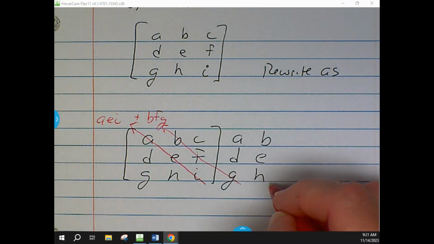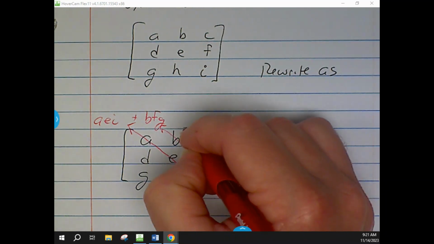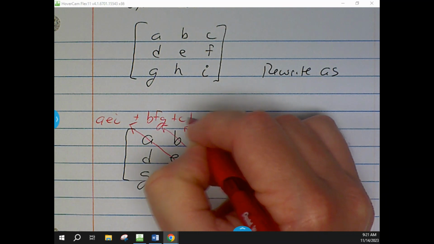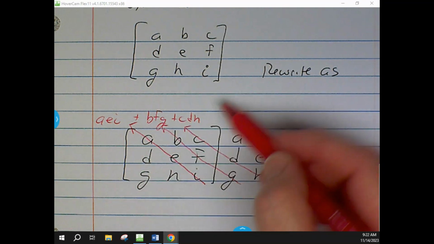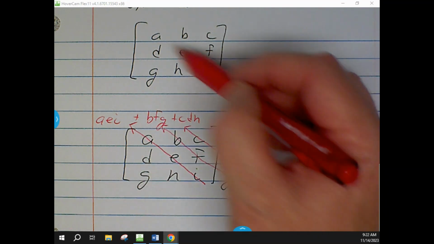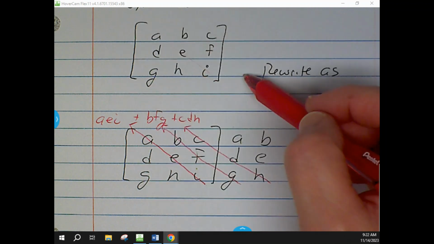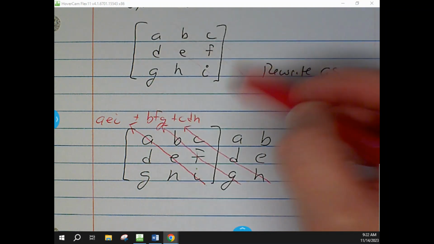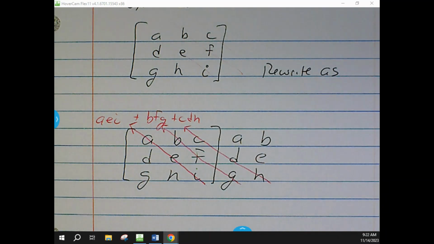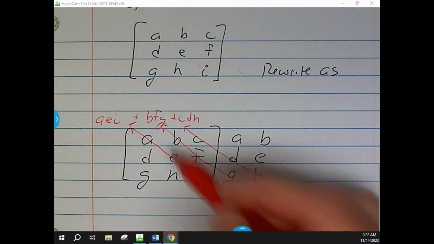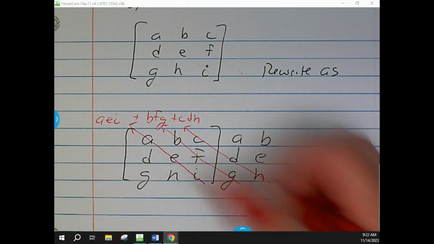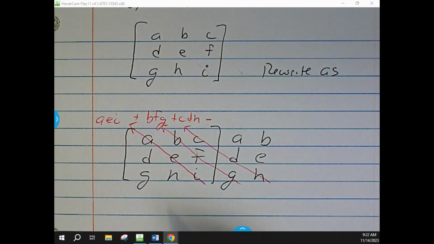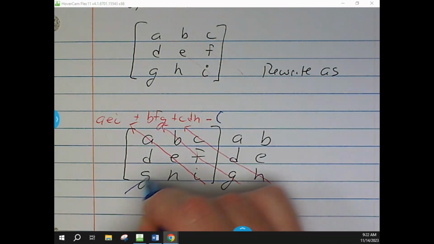And then C, D, H. We still do the same thing, but we need another one here, another one here. So basically, we're just moving these numbers over here so we can multiply those out. So it's A, E, I, B, F, G, and then C, D, H. We're going to add all those together, and then we're going to subtract everything now going in this direction.